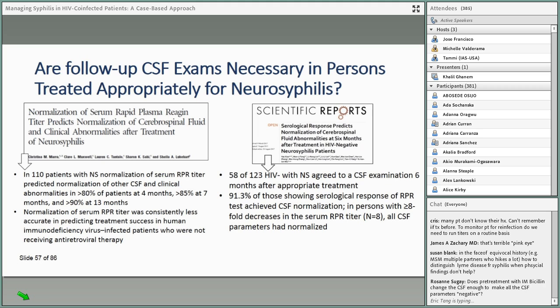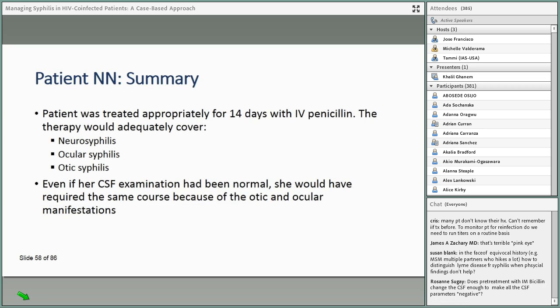It'll be important to repeat the CSF exam at 6 months. But recent data suggests, ladies and gentlemen, that you don't need to repeat a CSF examination at 6 months in patients whose signs and symptoms of neurosyphilis or ocular syphilis respond beautifully to therapy and whose serum RPR titer declines appropriately.